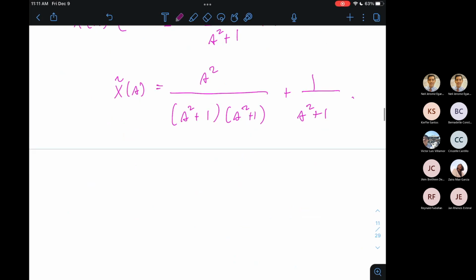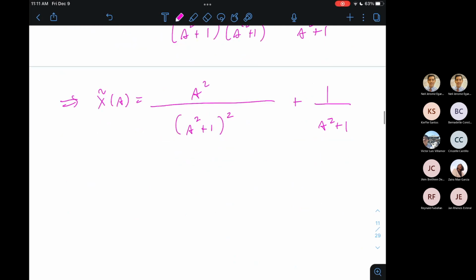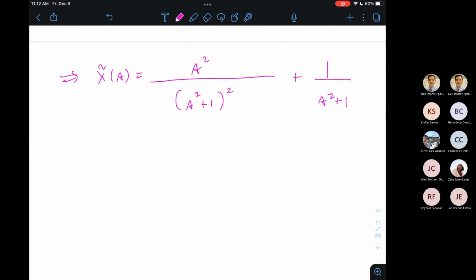So what we'll have here is that x tilde of s is equal to s squared over s squared plus 1 squared plus 1 over s squared plus 1. Inisip ko, kaya ba natin itong i-inverse Laplace transform?